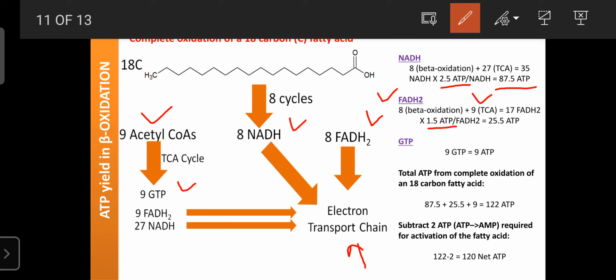So we get a total of 25.5 ATP from FADH2 when beta oxidation is completed in 8 cycles. From the entry of acetyl CoA into the TCA cycle, 9 GTP, equal to 9 ATP, are produced.